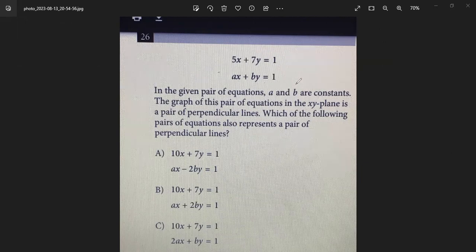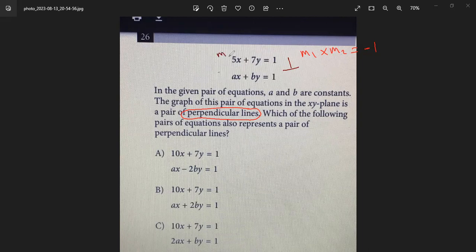We have two equations now. In the condition of perpendicular lines, the product of the two slopes, m1 times m2, equals negative 1. This is the sufficient condition for two perpendicular lines.